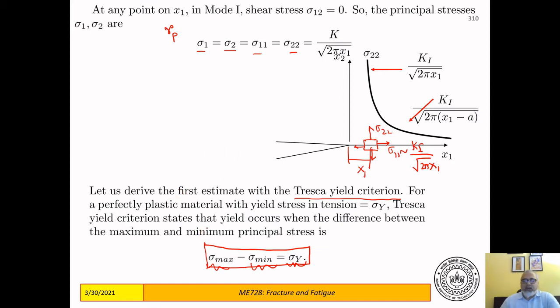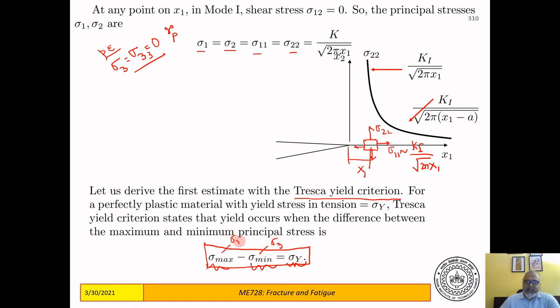Now, if you have plane stress, then sigma 33, the third principal stress, is equal to 0, which means that sigma min in plane stress is equal to sigma 3.